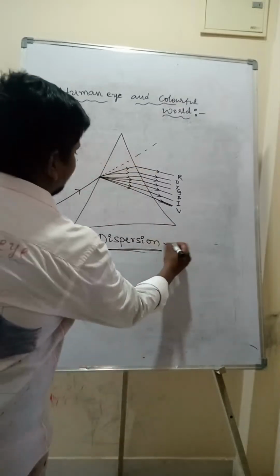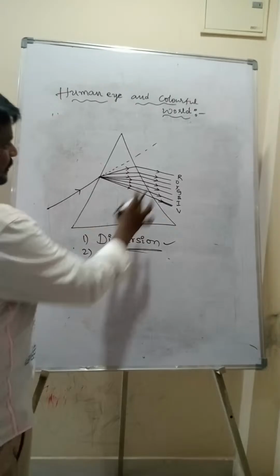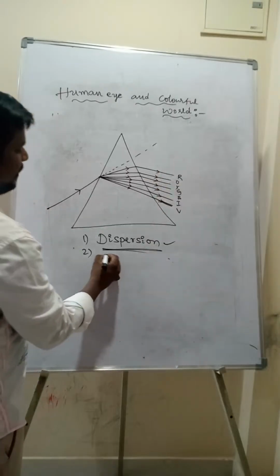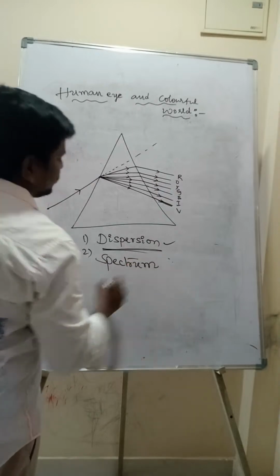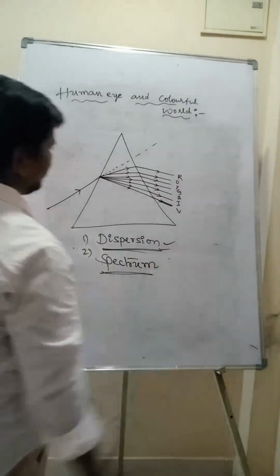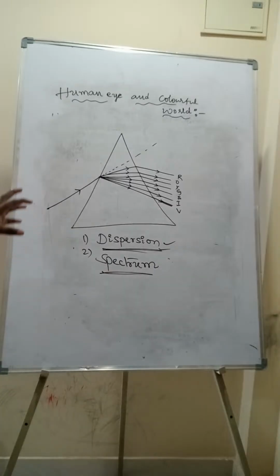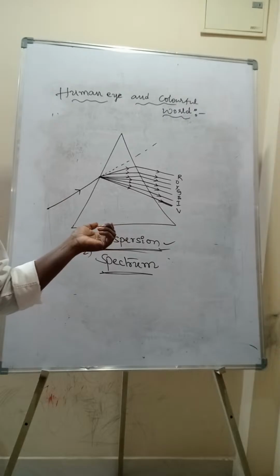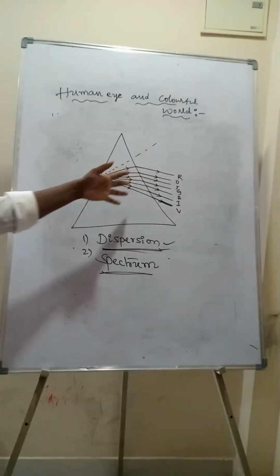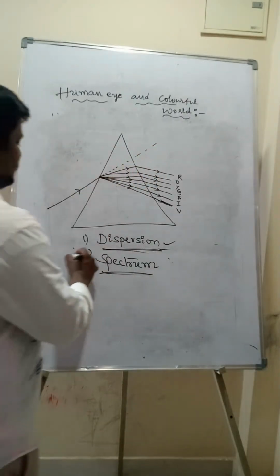Those 7 colors form like a band on the screen, which is called the spectrum.